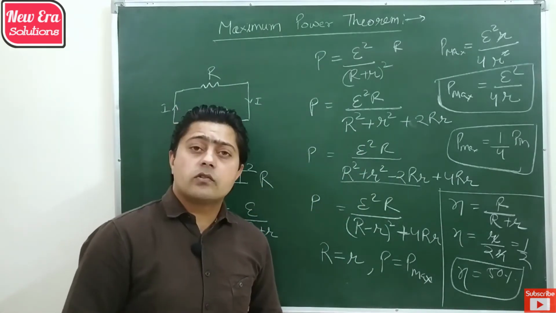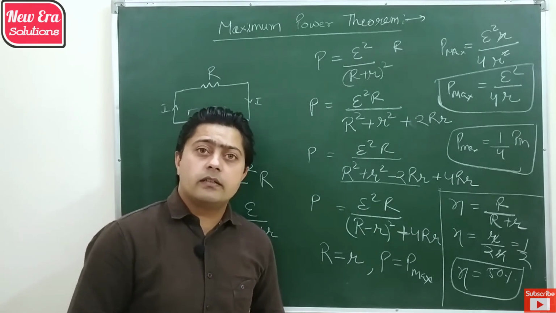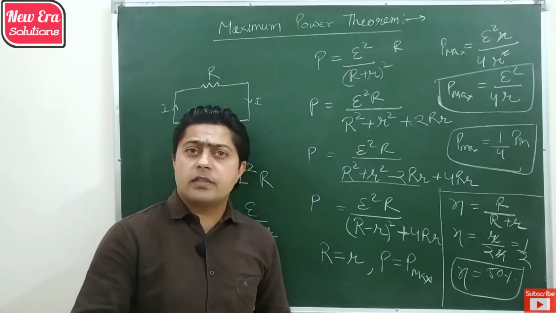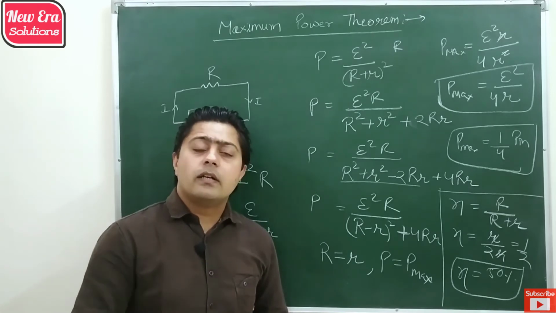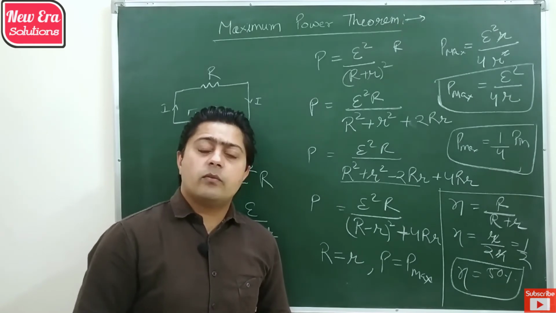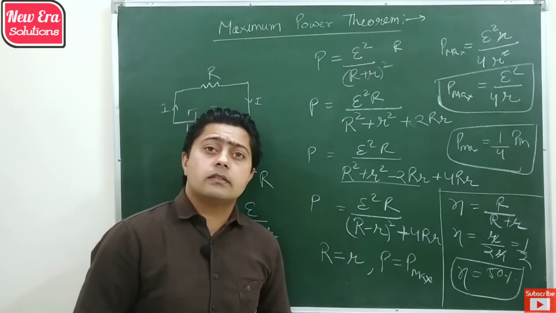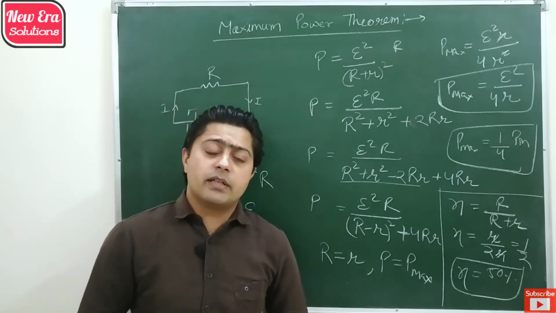So these are the concepts related to electric power and heating effect of electric current, for which you can calculate the efficiency, the power delivered, the heat dissipated in a circuit for a given set of resistances. Besides that, we can also discuss the application of heating effect of electric current as well as its limitation.